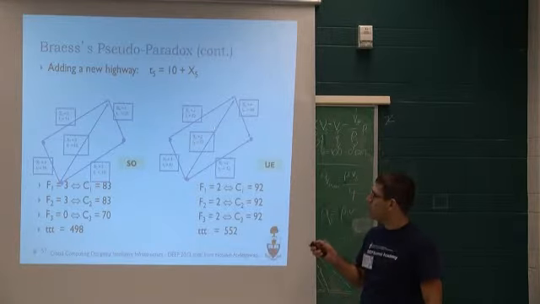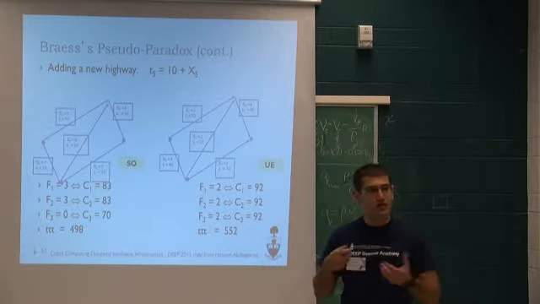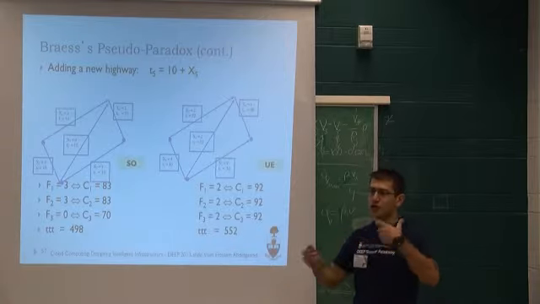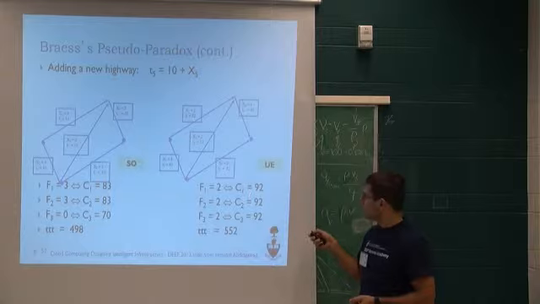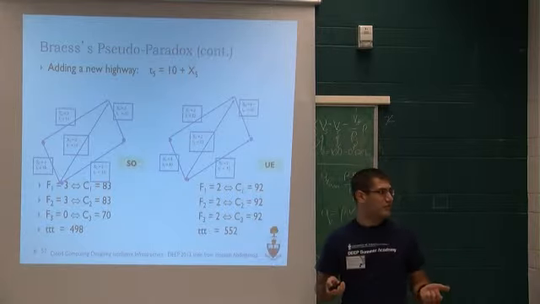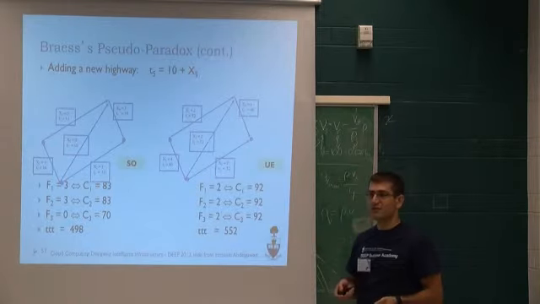For user equilibrium, because you equated these 3, because people were selfish and they kept on changing routes, the equilibrium that they arrived at has all of the routes with identical travel times of 92. And total travel time is 552.